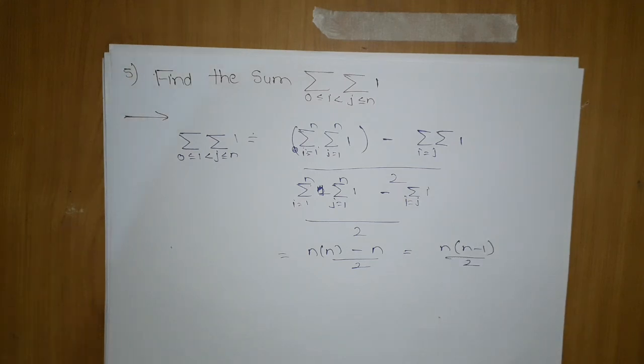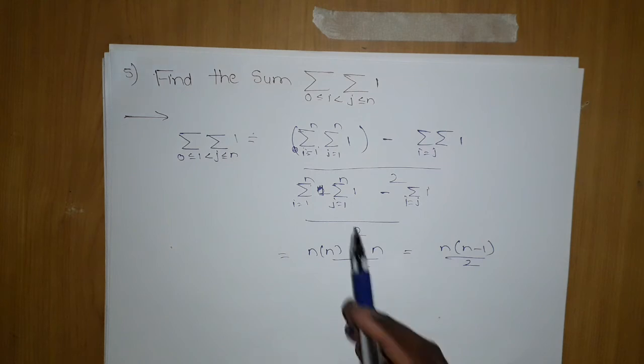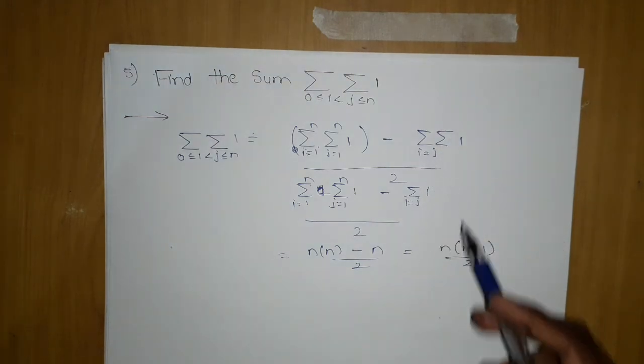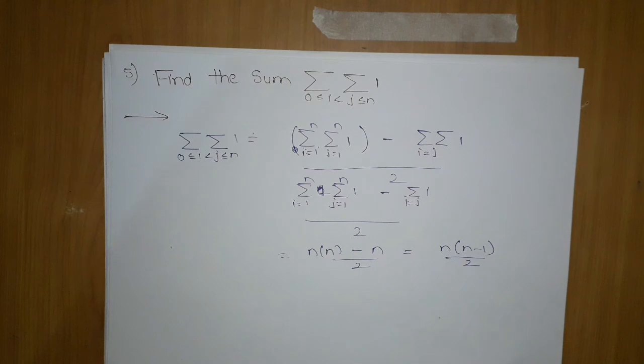You can write n square minus directly, that also works, not a big thing. Since the term was 1, nothing great happened, and we solve it directly by putting n, because it is nothing but 1 only.